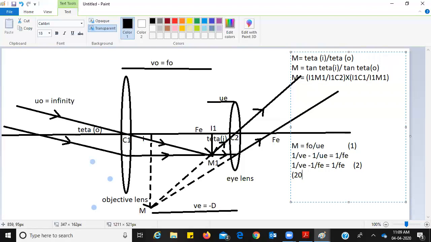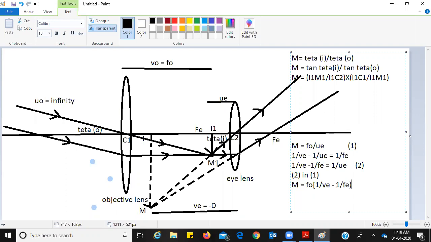Two in one. So FO into 1 by VE minus 1 by FE. Instead of 1 by UE, it will come as, here I wrote something wrong. So FO into 1 by VE minus 1 by FE. Take 1 by FE common out from that.